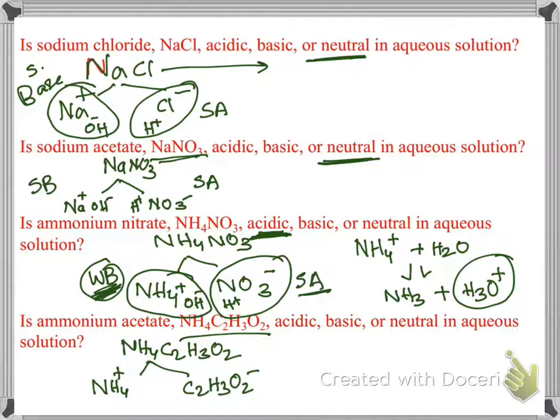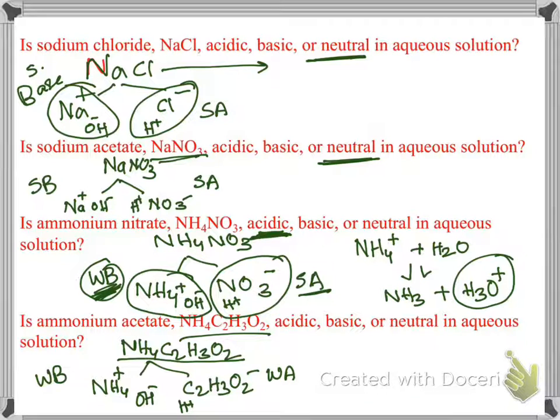If you look at it carefully, it is made up of ammonium hydroxide and acetic acid. Ammonium hydroxide is a weak base, acetic acid is a weak acid. That means this salt is made up of a weak acid and a weak base.